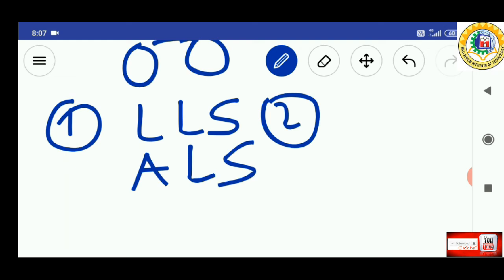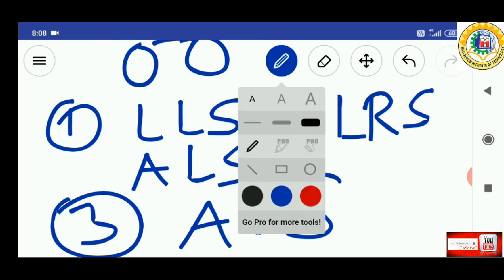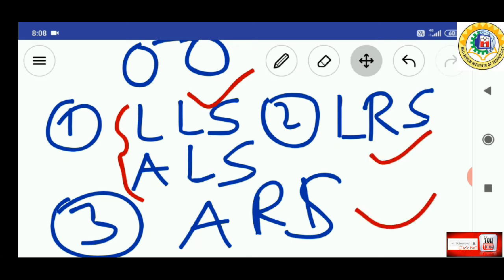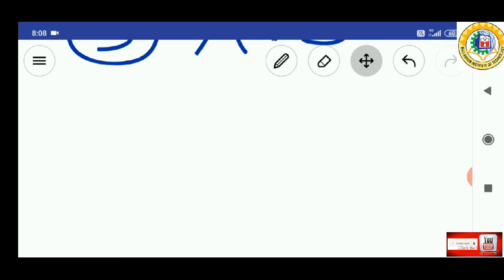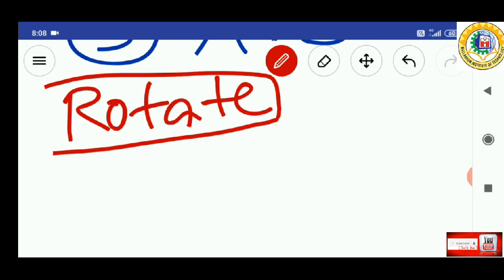Second, we studied the logical right shift, and third, the arithmetic right shift. These three operations we have studied so far.